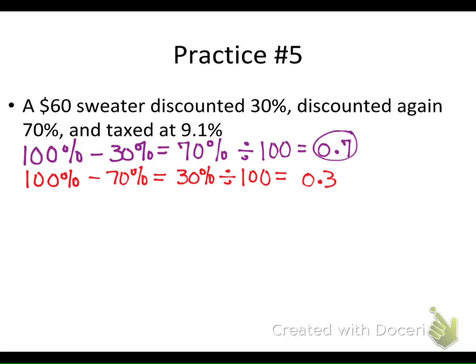And I'm going to circle my second multiplier. Next. All right, $60. Not yet. Not yet. Oh, I did something wrong, I'm sorry. That's all right. Somebody want to help her out? Go ahead. 100%. Okay.